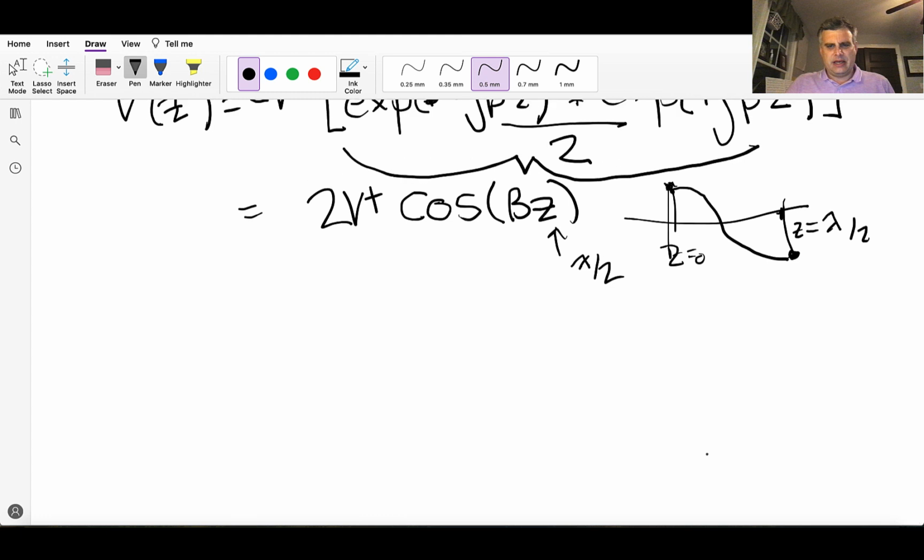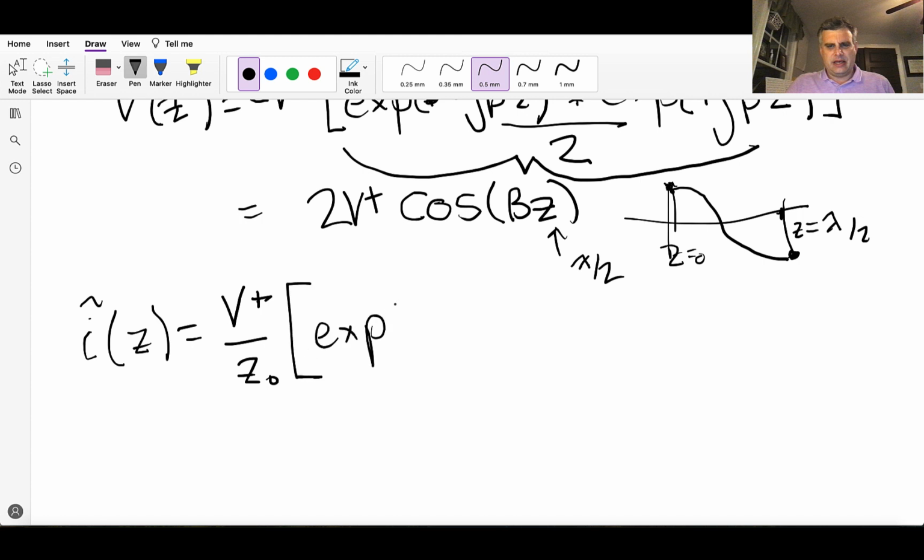However, I said that it was current standing waves that were more important for antenna engineering at this stage in your life. And so let's do the same thing. Here we're going to have V plus over Z naught as the amplitude of both forward and backwards propagating waves. And I'm going to have those exact same two terms, exp to the minus j beta z.